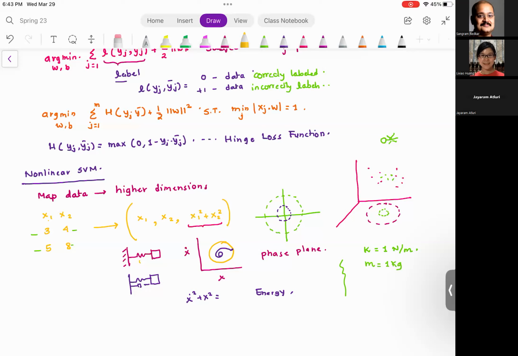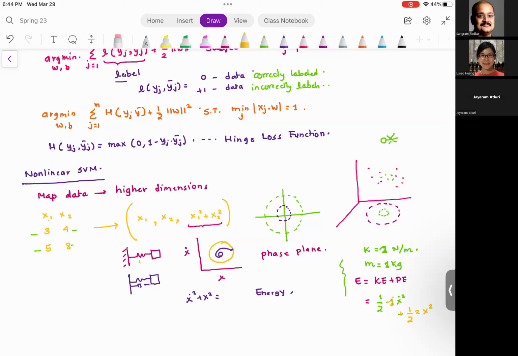If you want to write down the energy function E, which is the kinetic energy plus the potential energy, just for the sake of discussion, I'm going to write this as 1/2. So the kinetic energy is going to be 1/2 multiplied by 1 x dot square, and then plus 1/2 x square.